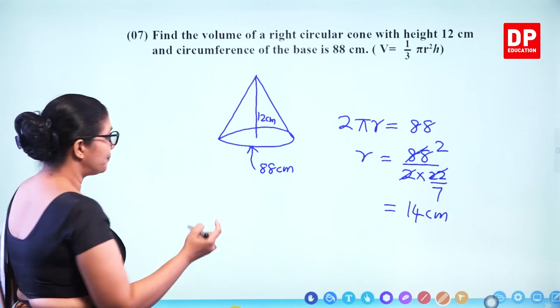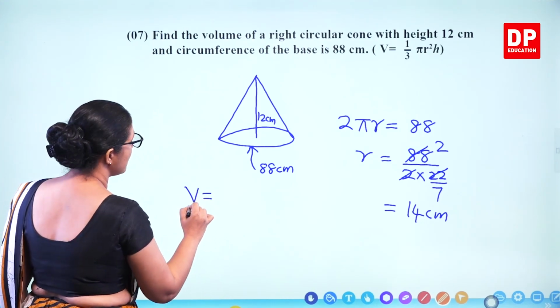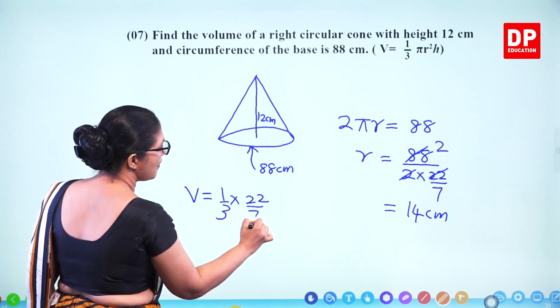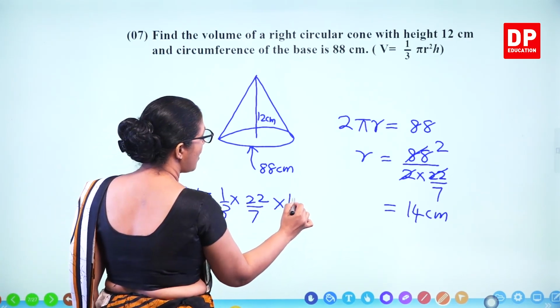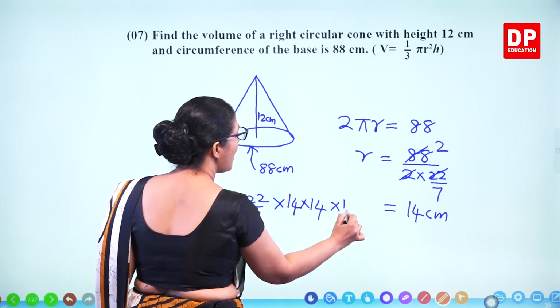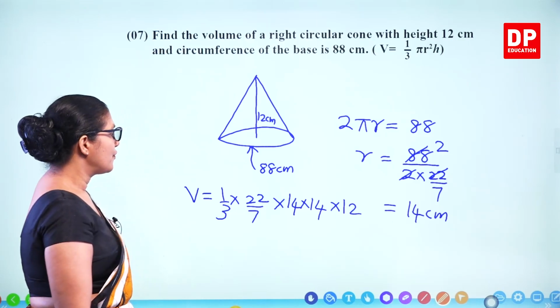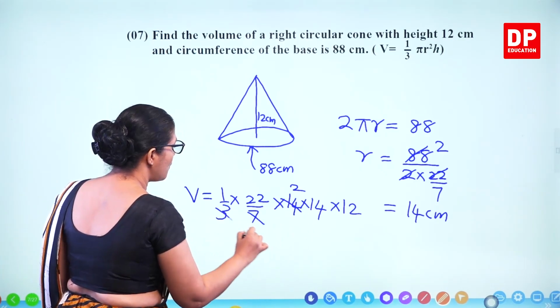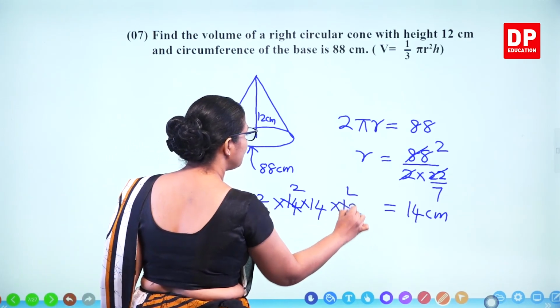What's the volume? Volume of the right circular cone is 1/3 pi r squared h. 22 over 7, r squared, 14 times 14, times perpendicular height. That's 12. So we can simplify. 7 times 2, 3 times 4.